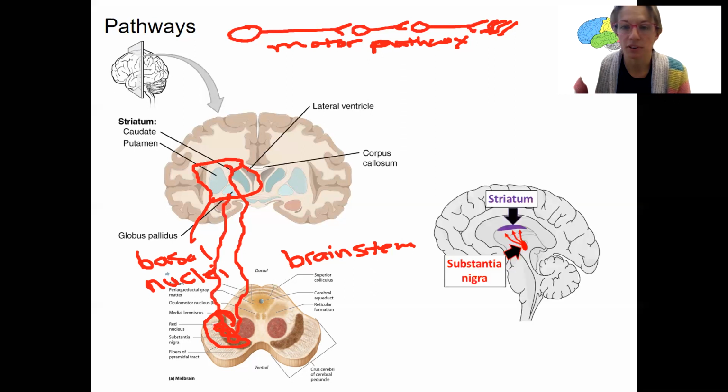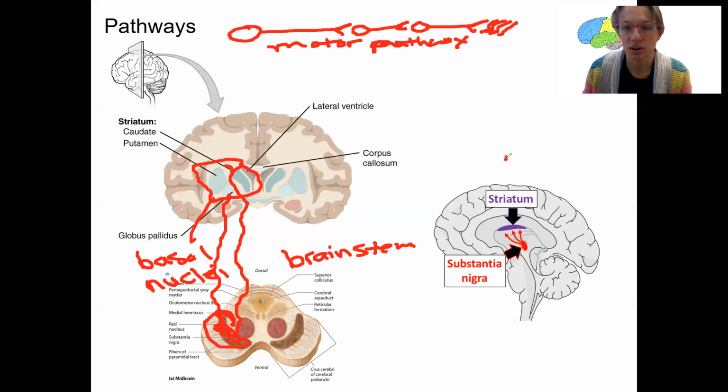Here is a very simplified image of what that looks like with a diagram, right? You've got the substantia nigra that is producing dopamine and releasing that dopamine as a neurotransmitter from the synaptic terminals into the striatum.